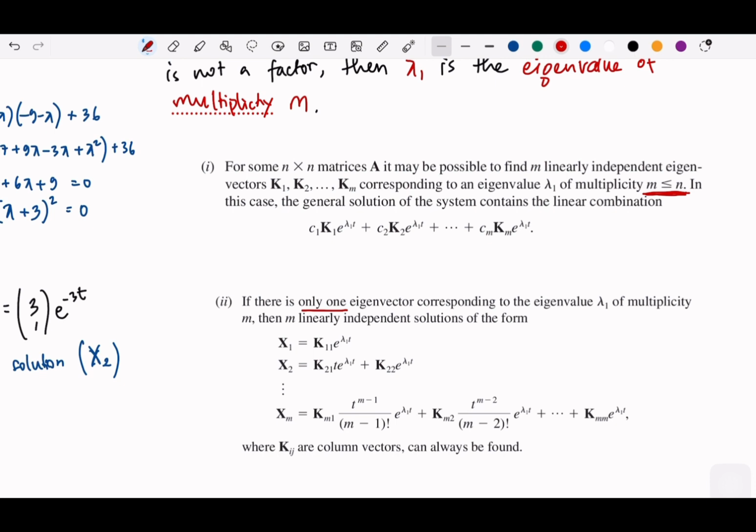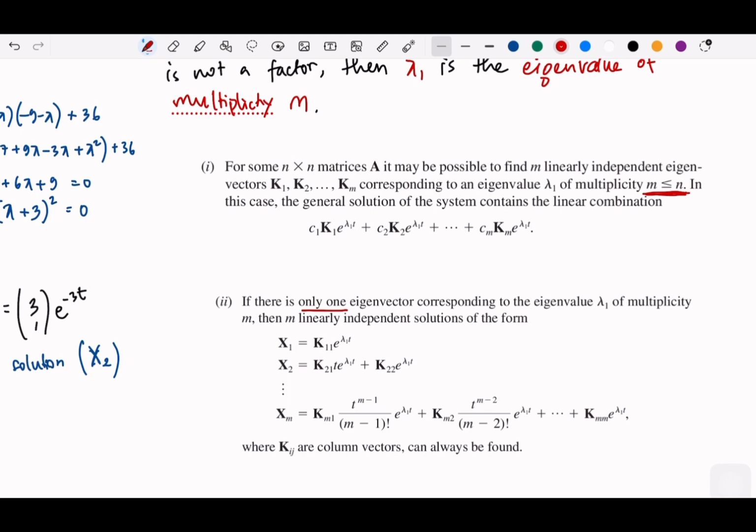Then how we write the system is based on this form. We have x1 with k11 as the eigenvector, e^(lambda 1 t), and then for x2, we can have the possibility that it comes as k21 t e^(lambda 1 t). If you remember what we did in engineering math 1, we multiply with the variable itself to make it linearly independent. That's what we do here. Of course, we can have many multiplicities.